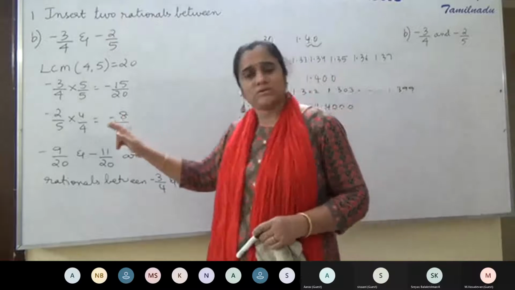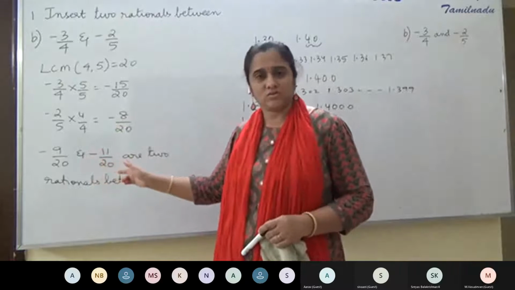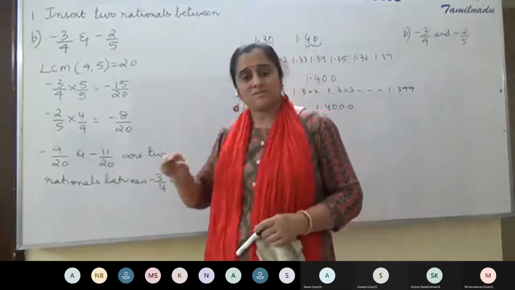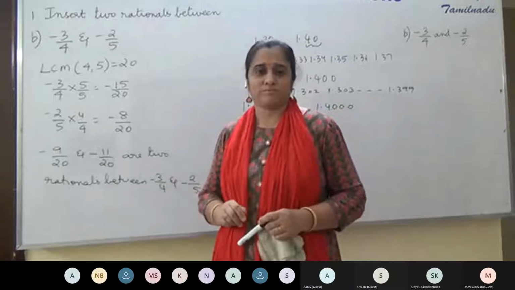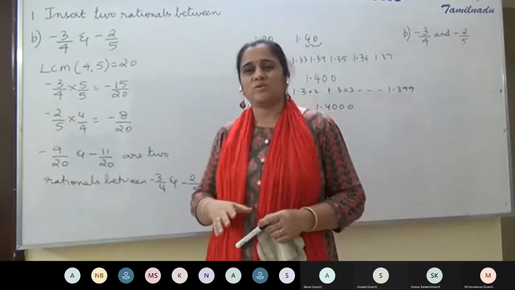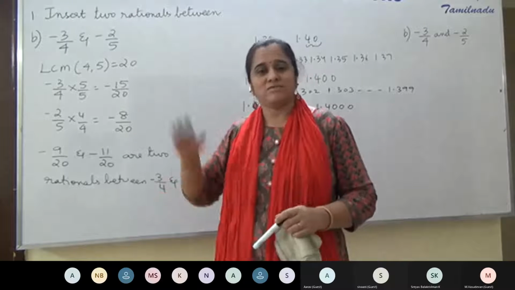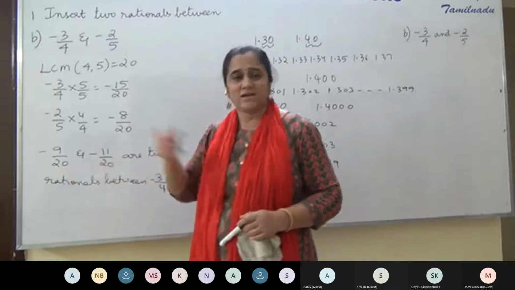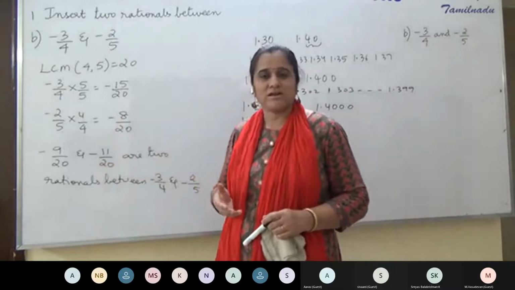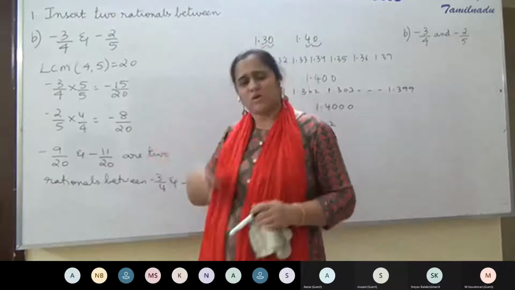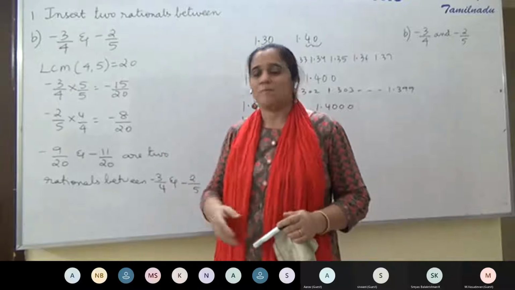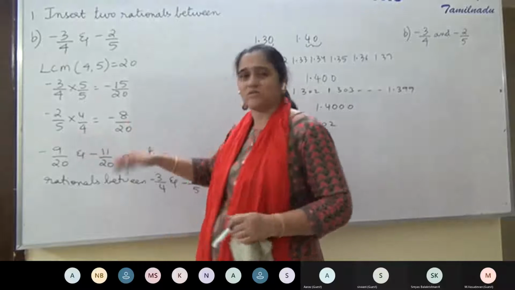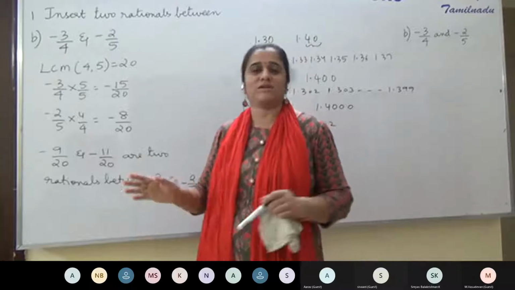The rationals which you write between the given rationals must be in their simplest form. So in order to not waste time simplifying, I choose numbers like minus 9 by 20. If I write minus 10 by 20, it is simple to simplify, but I chose minus 9 and minus 11 so that we don't have to simplify any further.